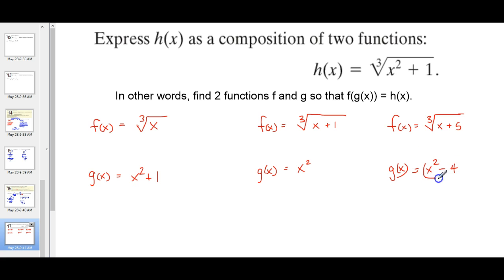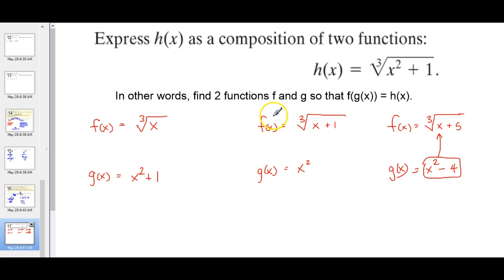And now when I plug this in for that x, I get x squared minus 4 plus 5. And minus 4 plus 5 equals positive 1. Alright, so because of this addition underneath here, it opens up the possibility of an infinite number of functions that I could plug in there.